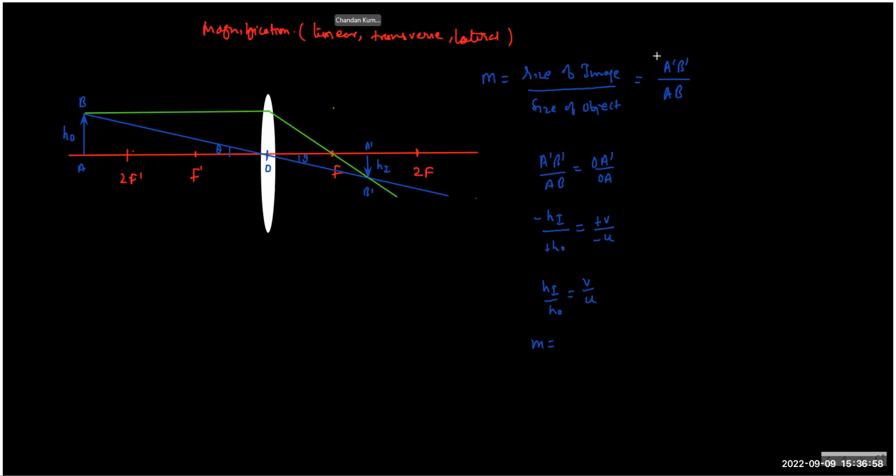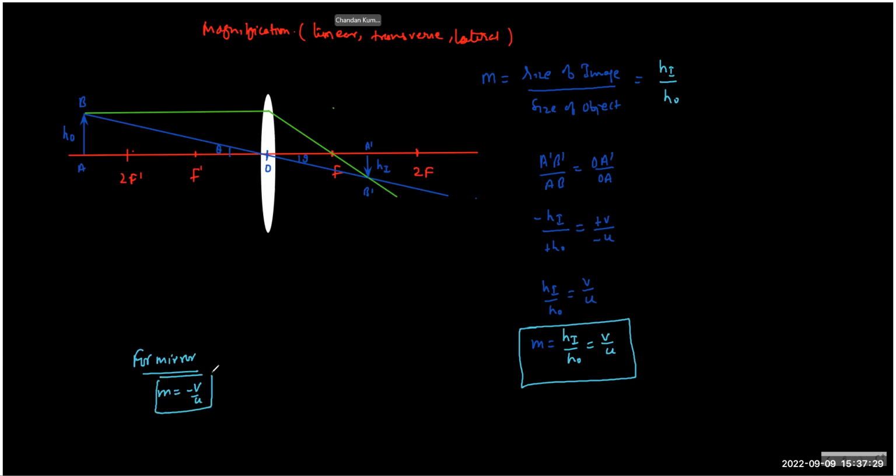So M is HI by HO, and that is V by U. That is the only difference from the mirror, where it is minus V by U. So the linear, transverse or lateral, all are the same thing. It is V by U.